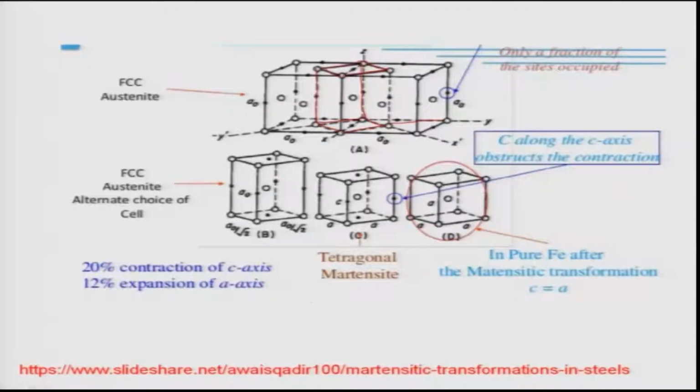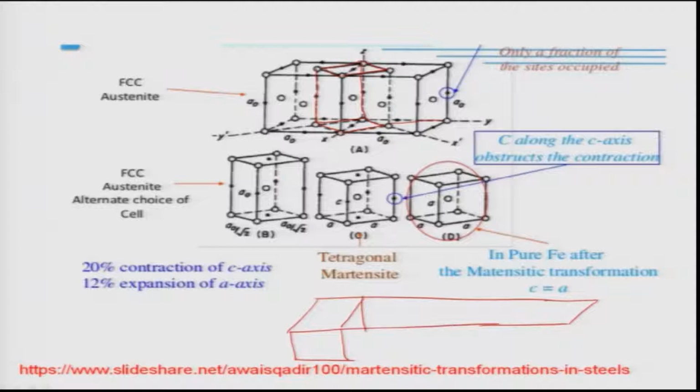Now, therefore, if I draw the whole unit cell, let us draw it here. If I draw a large number of unit cells, I am not going to draw atoms. I am only showing these unit cells here to make it clear to you. So it is very clear that this transformation can easily happen along these zones.